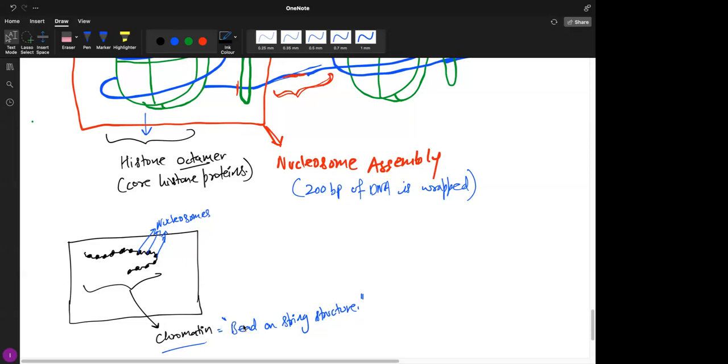Now, histones are only responsible to make nucleosomes. Once we make a nucleosome and a chromatin, the further packing of chromatin takes place by another set of proteins, but this time they are called non-histone chromosomal proteins.